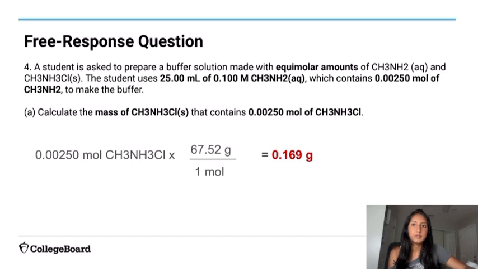So we can do some simple stoichiometry. You can say 0.00250 moles of CH3NH3Cl times 67.52 grams, which is the molar mass of the solid, over 1 mole. And if you plug that into your calculator, you'll get 0.169 grams, which will be your answer for part A.